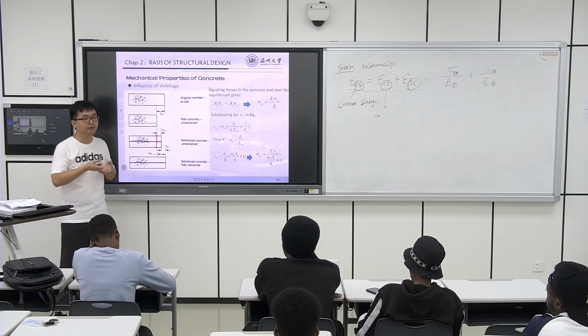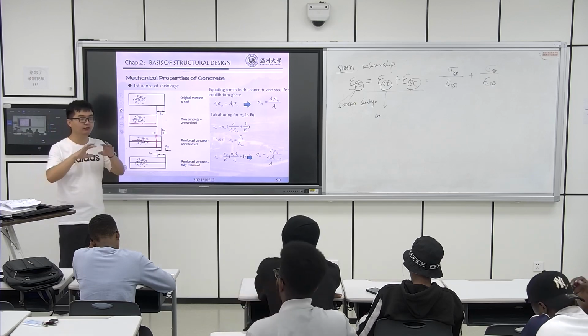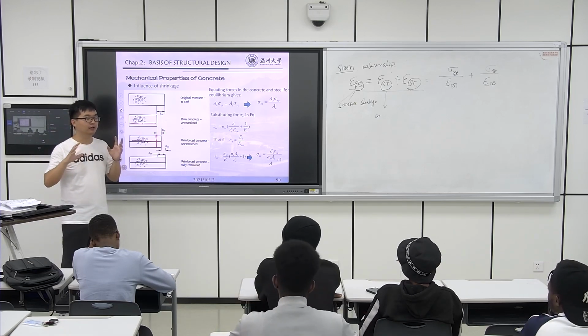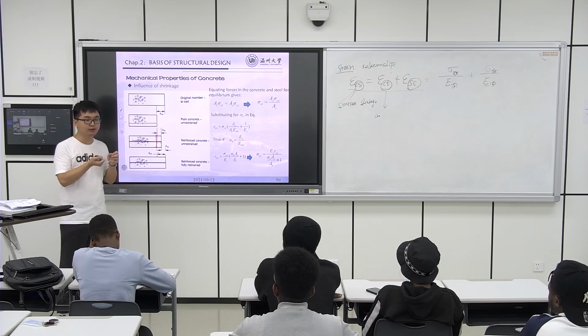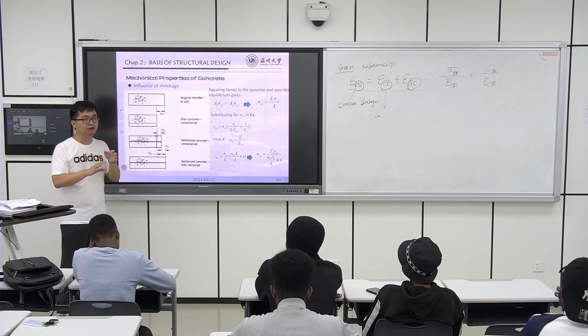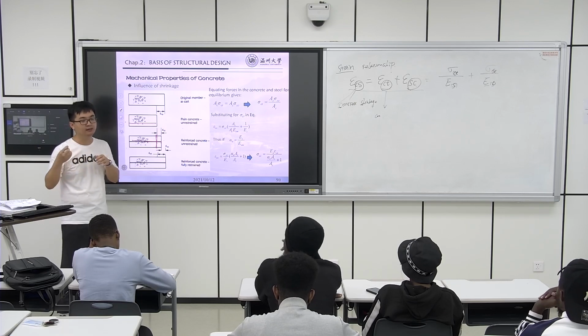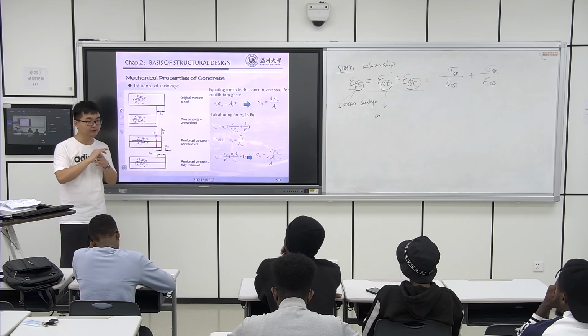They have the bond force. The concrete can transfer the force to the steel bars. If the steel bars are affected by the load or another thing, they also will affect the concrete, right?